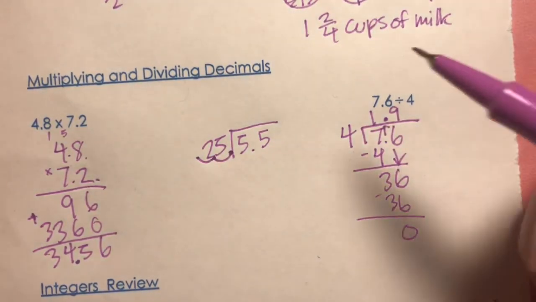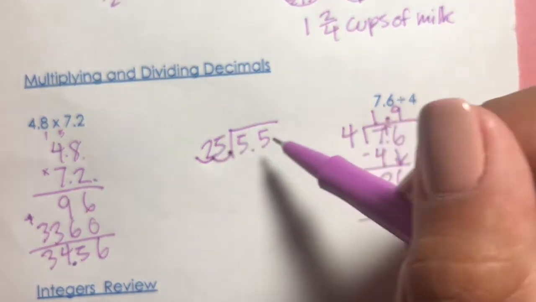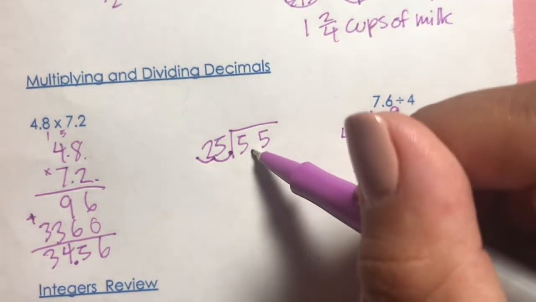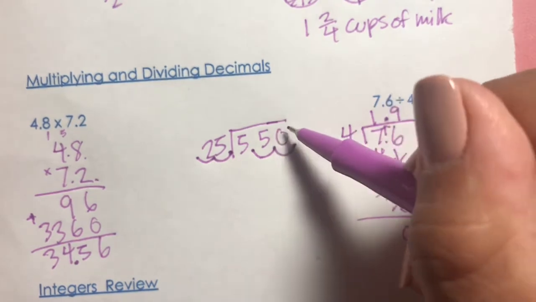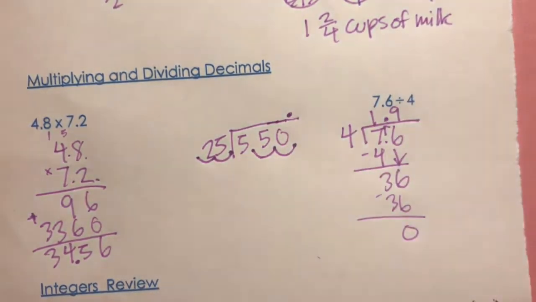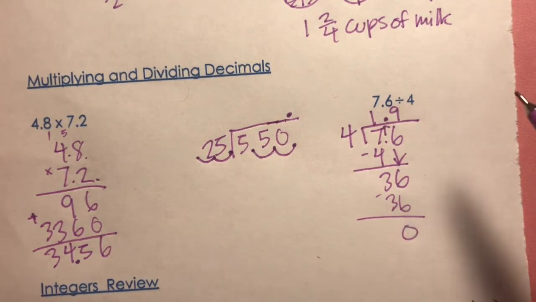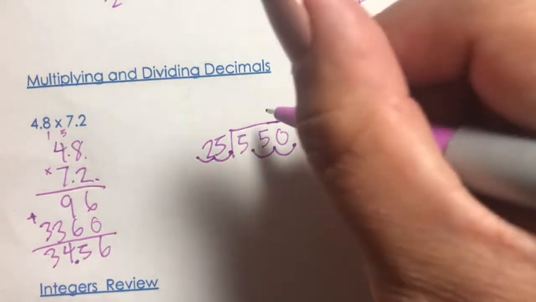So now it's just 25. And however many times we move the decimal here, we have to move it in the dividend. So we move it over. So now we have the decimal right here. So 25 goes into 55 2 times.